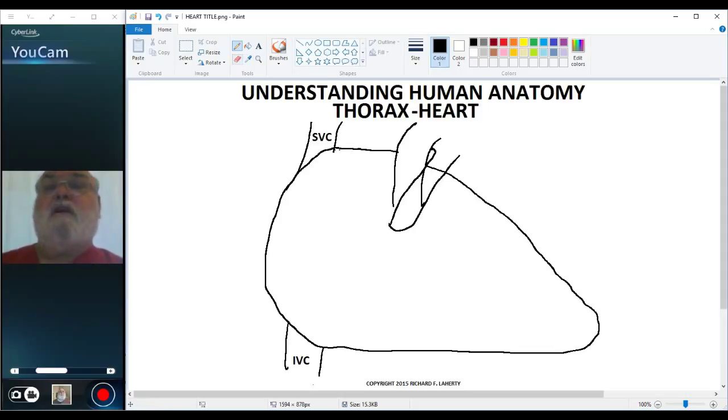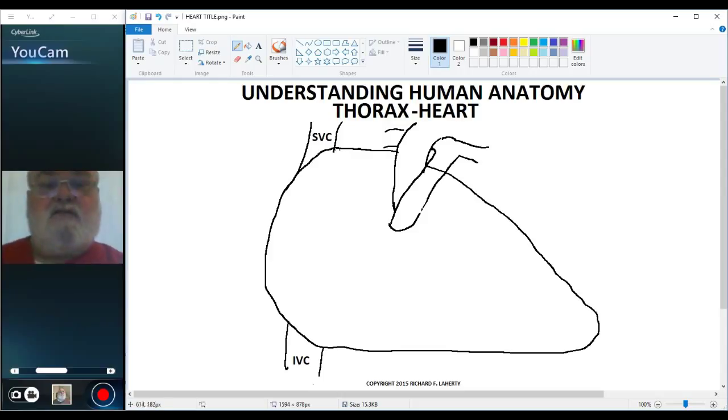So again, the pulmonary trunk is anterior to the aorta, so the pulmonary trunk covers up the origin of the aorta. And it divides into a right and left pulmonary artery. And the right pulmonary artery passes through the arch of the aorta.